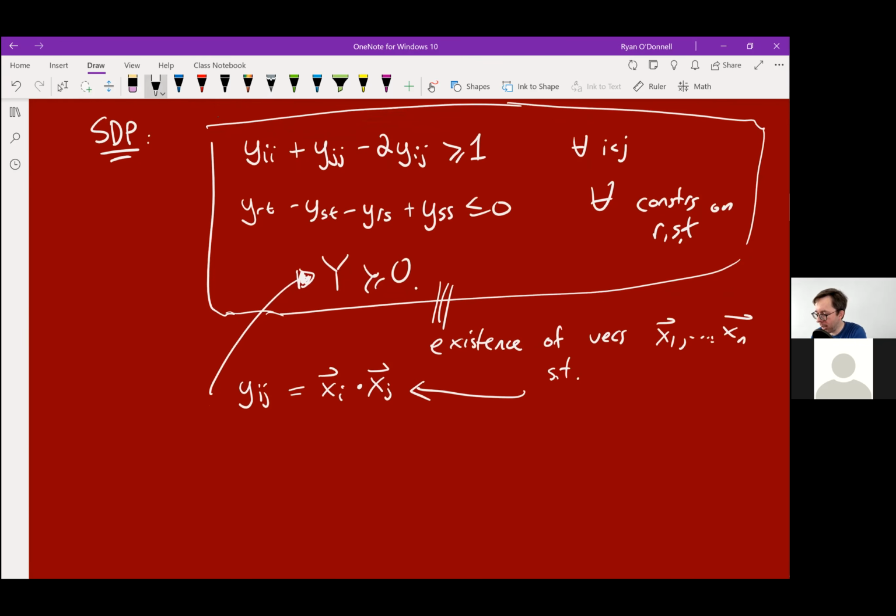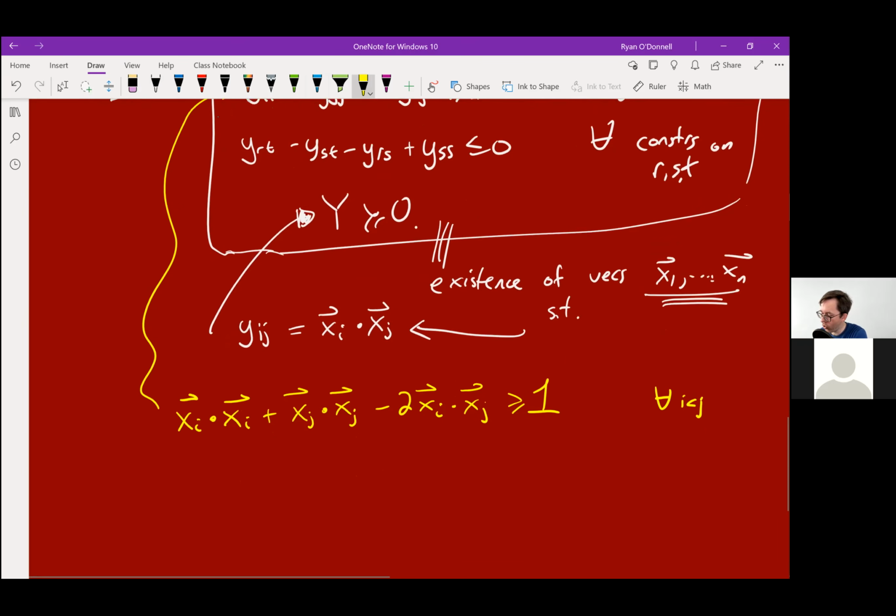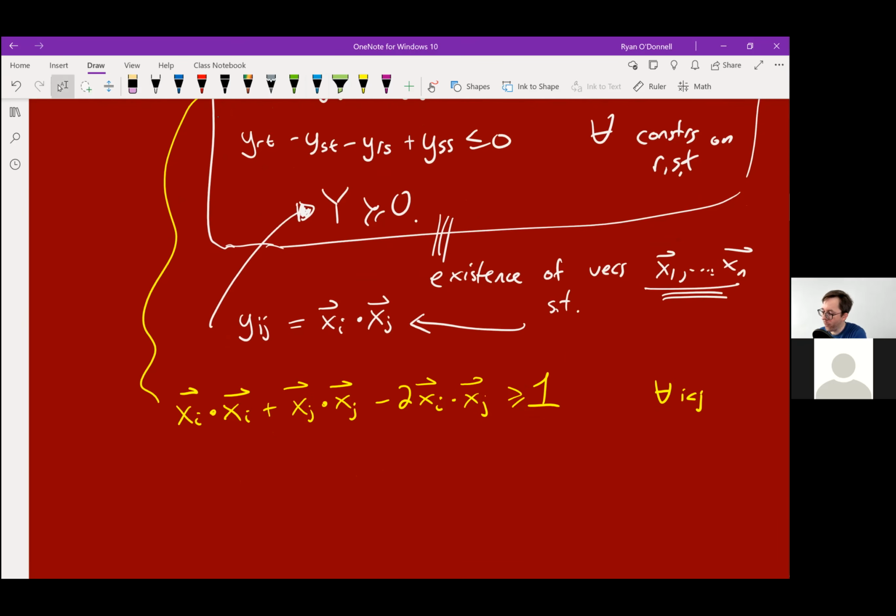So in particular, if you solve this and you get a solution, you get some vectors, and then we know that xi dot xi plus xj dot xj minus 2 xi dot xj is greater than or equal to 1. Right. So we might ask ourselves, maybe more intuitively, what does this mean about these two vectors?